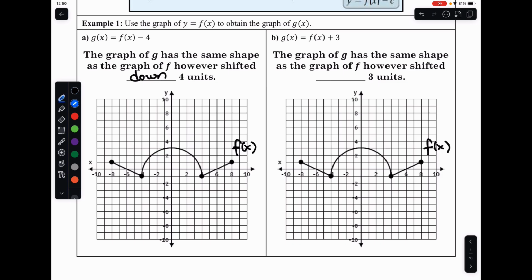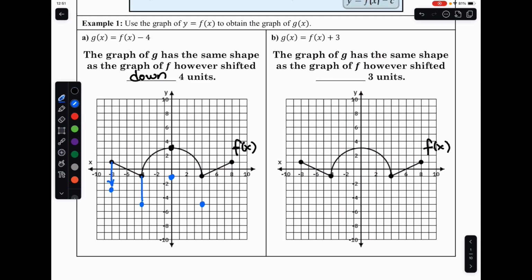So let's do that in blue. Moving this down 4. Continue moving the other points down 4. Let me just plot this point right there. Let's move that point also down 4, along with this one down 4, and the last one down 4.